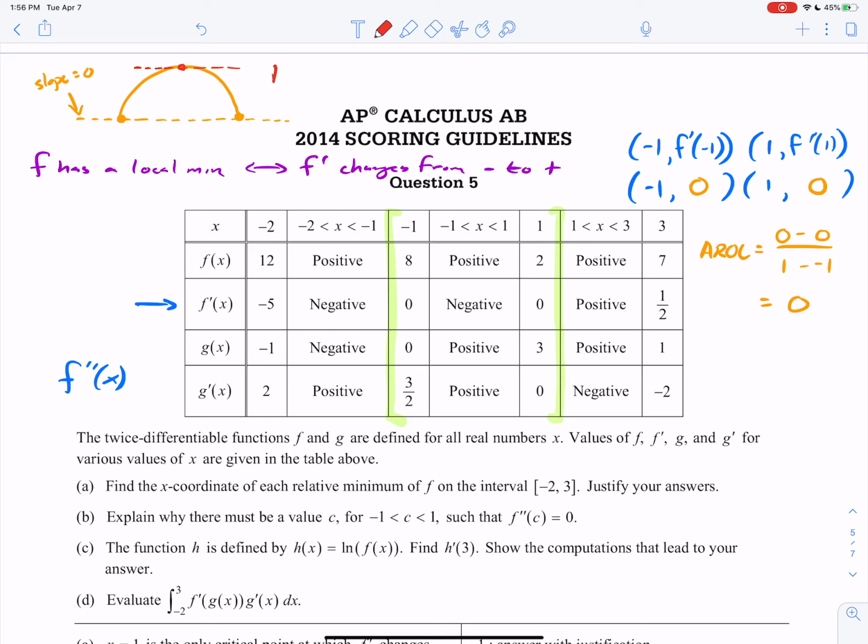So remember that the function needs to be continuous on a closed interval, but differentiable on an open interval. Okay, so do we have these facts? Okay, so we do right about here. I'll highlight it in blue. They stated that the functions are twice differentiable. So meaning that they're differentiable, but remember the implications.